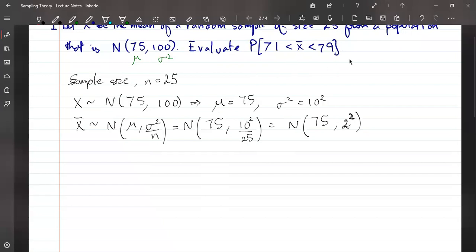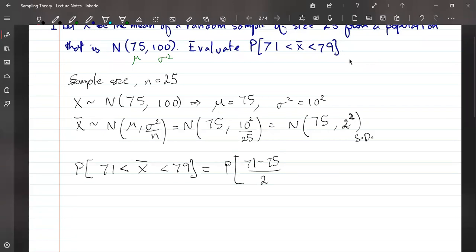Now it's just a normal distribution problem. We just have to compute probability of 71 less than x bar less than 79, and as usual you convert it to the standard normal form and use the normal distribution tables for this. So here what are we subtracting? The mean is 75 and the standard deviation is 2. So I'll write it as 71 minus 75 by 2 less than z, x bar minus its mean by its standard deviation, that will be standard normal z.